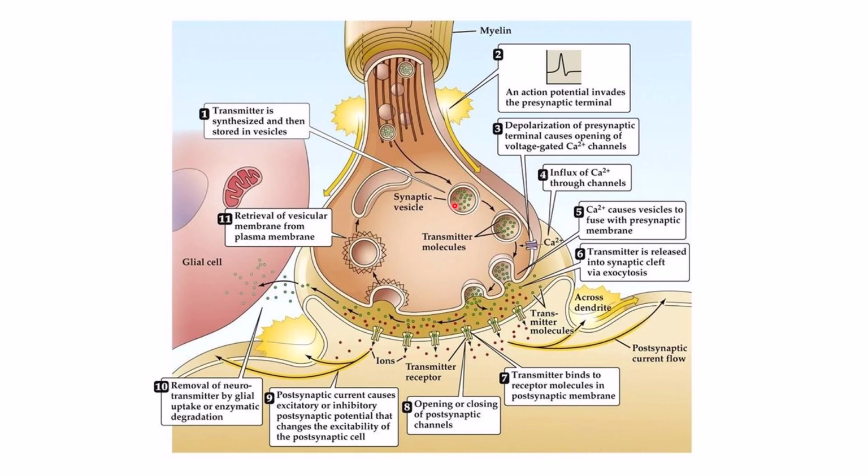It has acetylcholine transmitter molecules. This is your presynaptic membrane and this is your postsynaptic one. Once an action potential is generated in the presynaptic terminal, it will result in the fusion of the synaptic vesicle to the presynaptic plasma membrane and release of the neurotransmitter into the synaptic cleft.